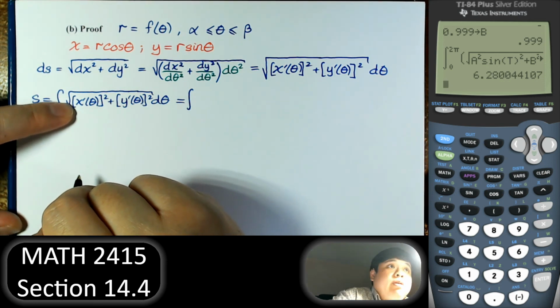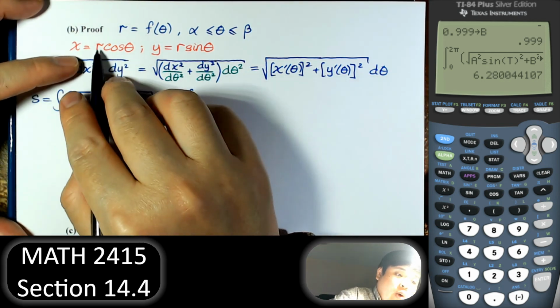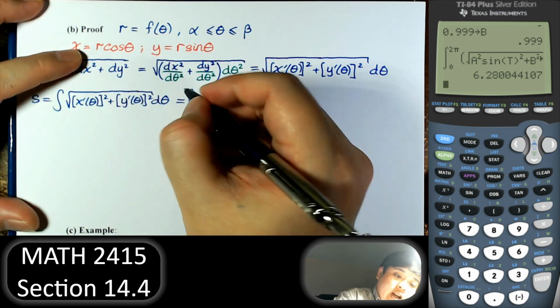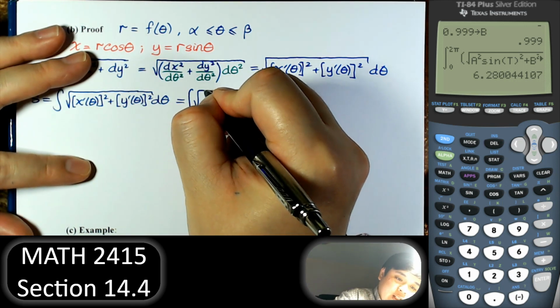Right, now the derivative. Even though I write it like this, r is a function of theta, so we cannot just write it like that.